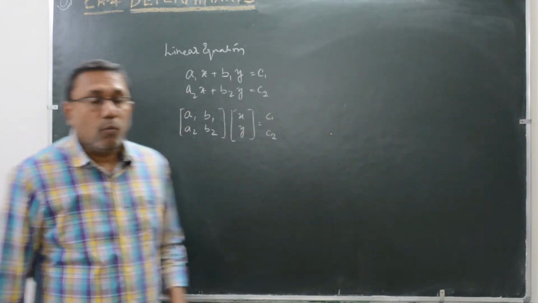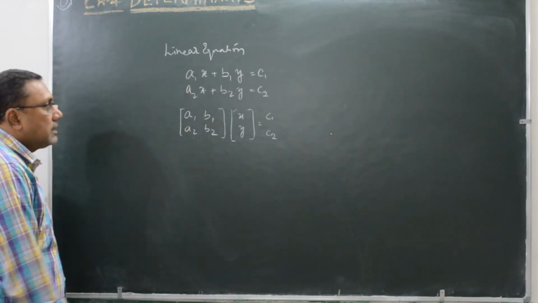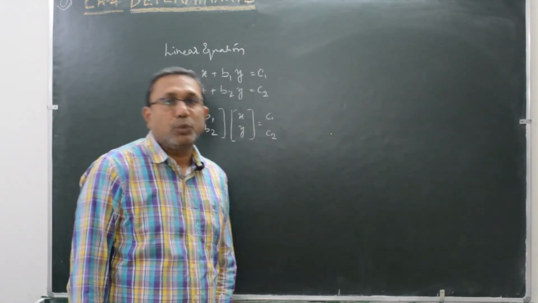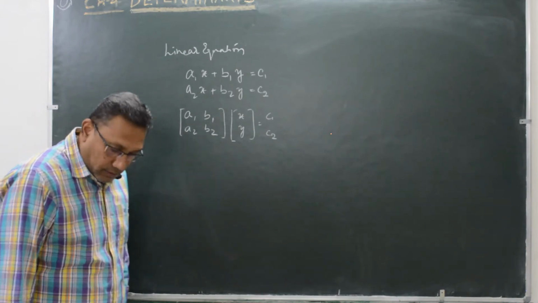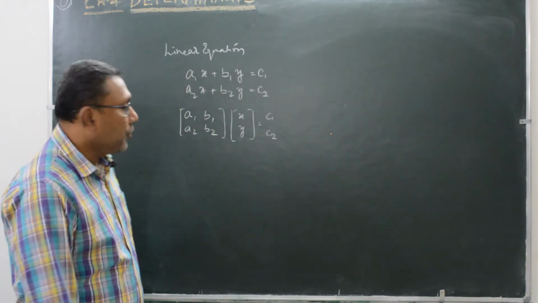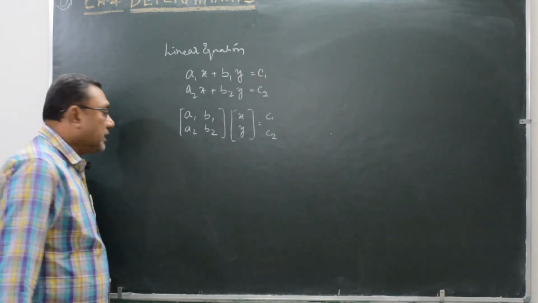Now what we need to study here is, does this linear equation really have a unique solution? Is it really possible to express the uniqueness of the solution of these equations?